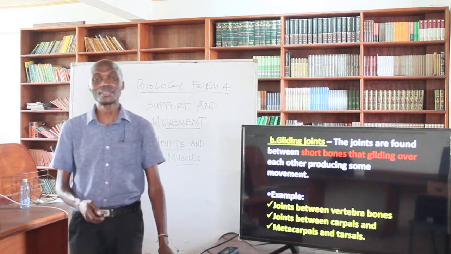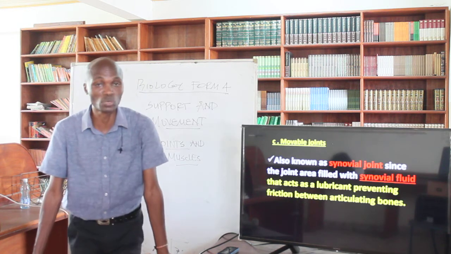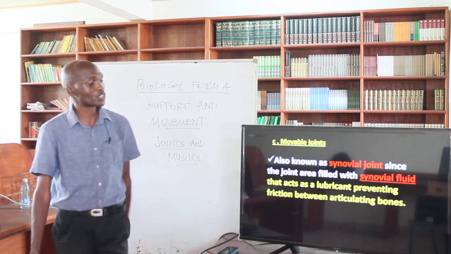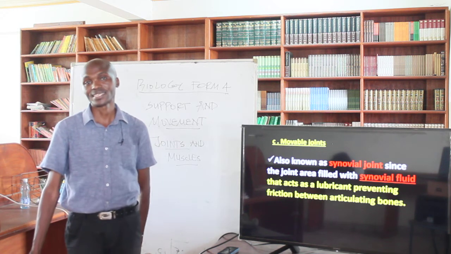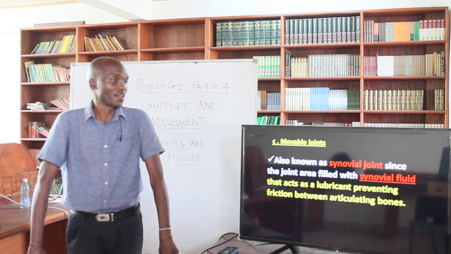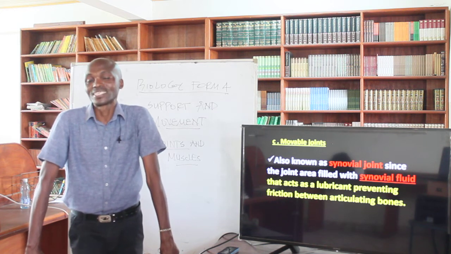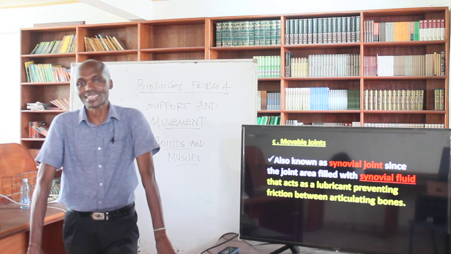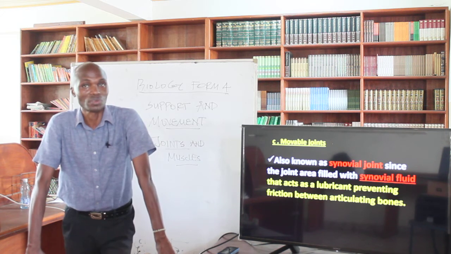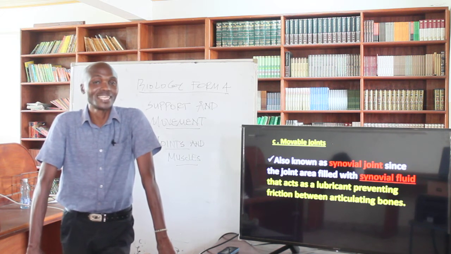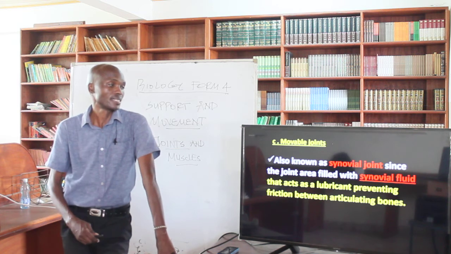Then number 3, we have the movable joints. They are also referred to as synovial joints, since the joint area is normally filled with synovial fluid that acts as a lubricant, preventing friction between the articulating bones.